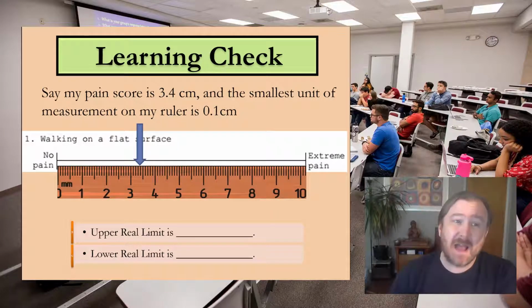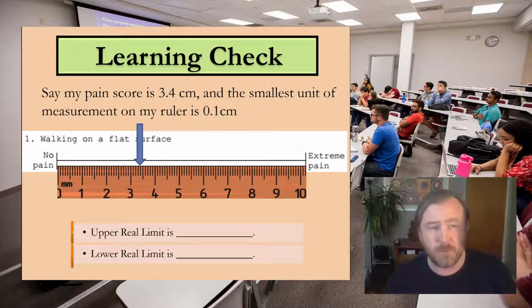And then we subtract it from the recorded value of 3.4, and then we add it to the recorded value of 3.4, right? So this is going to give us 3.35 and 3.45. 3.35 being the lower real limit, 3.45 being the upper real limit.